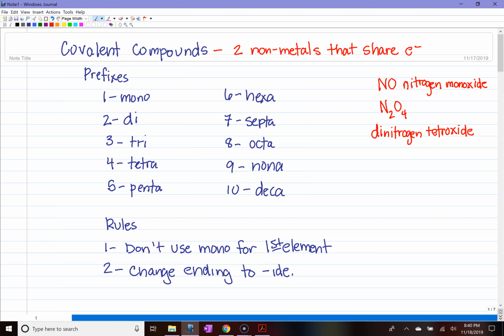Now, I want to let you notice something really quickly. Septa, octa, nona, and deca. Septa means 7, octa means 8, nona means 9, and deca means 10. But September is the 9th month of the year, October the 10th, November the 11th, and December is the 12th month of the year.